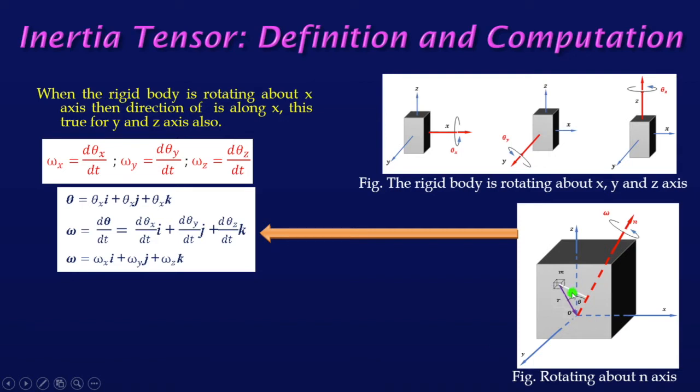Now omega can be written as d theta by dt, which equals d theta x by dt plus the other components. As the direction is along x, we consider i as the unit vector along x, j the unit vector along y, and k the unit vector along the z axis.